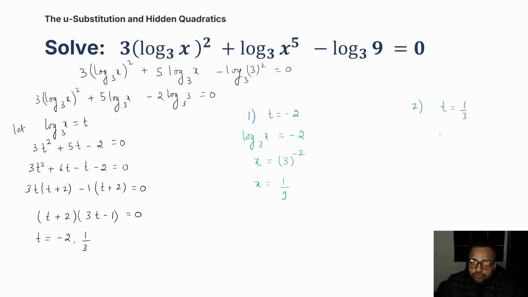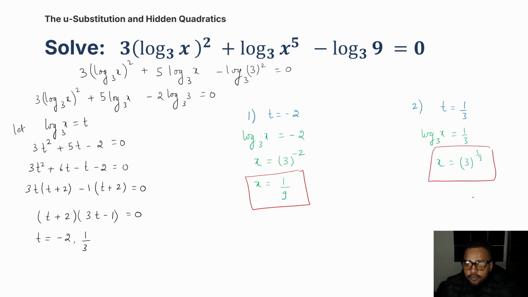And for t equals 1 by 3, again we need to substitute our given value, that is log x base 3 equals 1 by 3. So on expanding in exponential form, we'll get 3 raised to the power 1 by 3. Okay, student. So this is our value: x equals 1 by 9 and x equals 3 raised to the power 1 by 3.